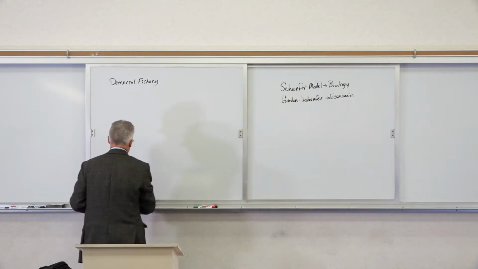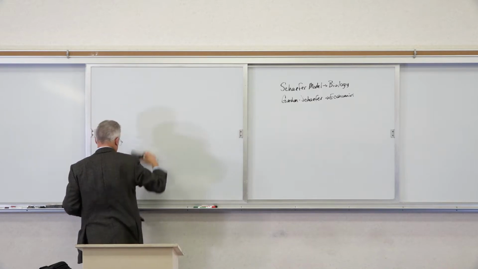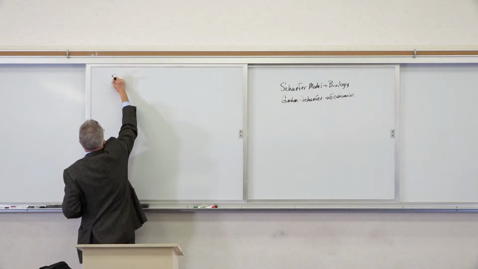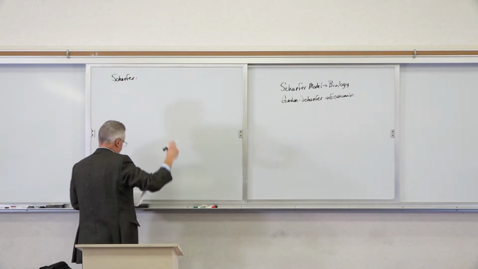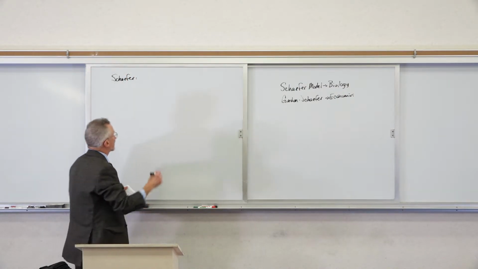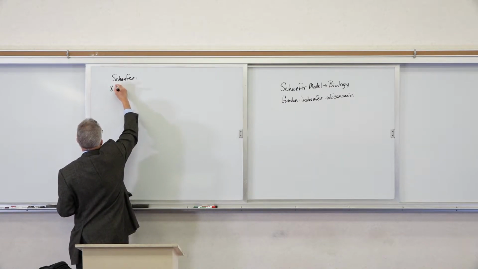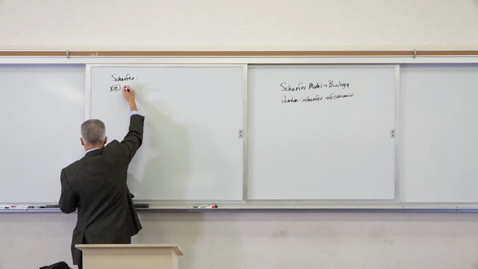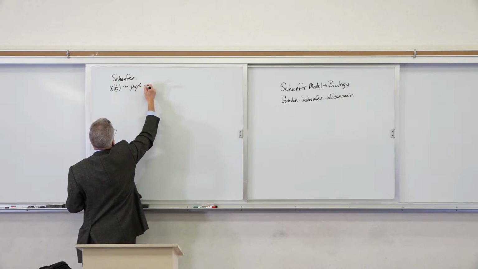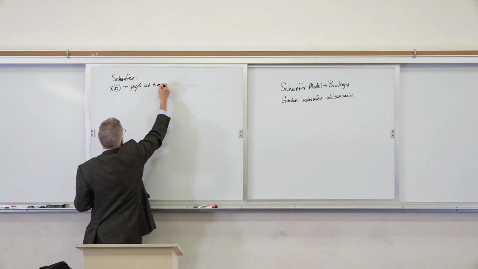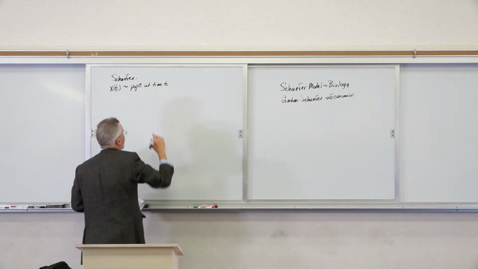So let's go ahead and do the Schaefer model. The assumptions are the following. I'll start out and just put down our x of t. That is going to be the fish population at time t, and this is going to be continuous time.